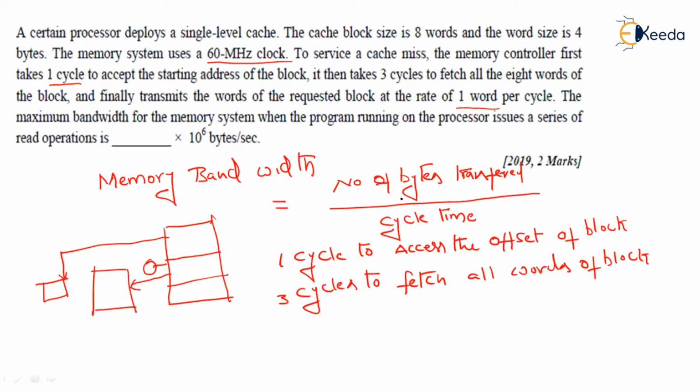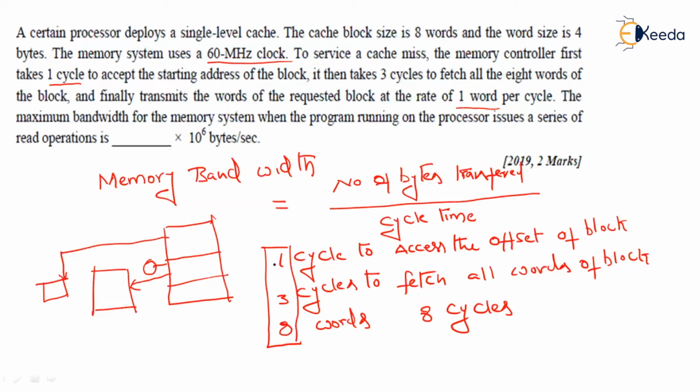So the total number of cycles will be equal to 8. In order to transfer 8 words, I require 8 cycles, because each word will take 1 cycle to transfer to the cache memory. So the total number of clock cycles is equal to 12, right?